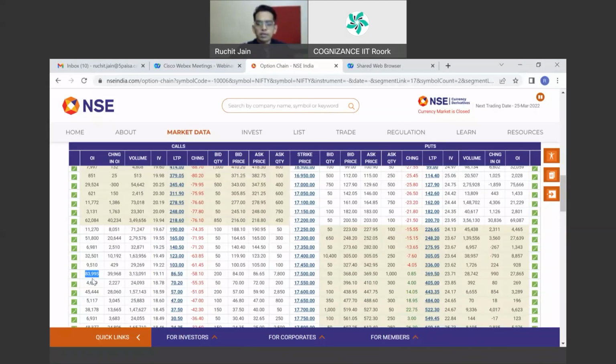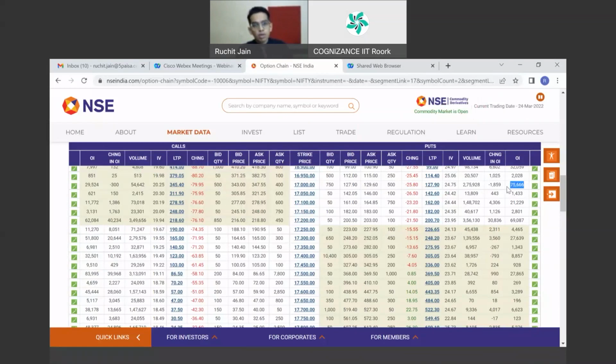On the put side, the highest open interest is at 17,000 put. So 17,000 is the support level as of now. What happens if this 75,000 figure starts increasing, 80,000, 85,000, 90,000, 95,000, 1 lakh, 1,10,000? It means that support is becoming more and more strong.